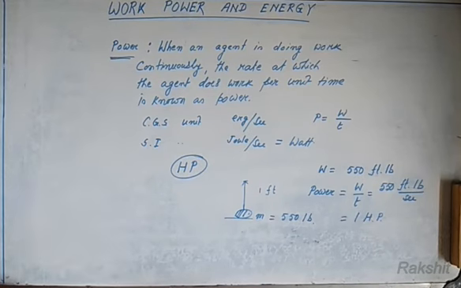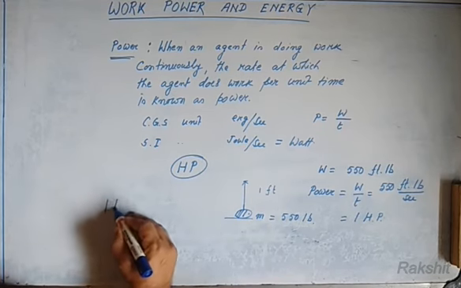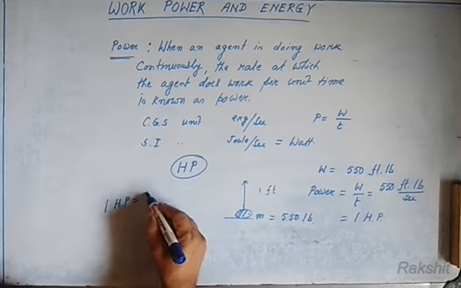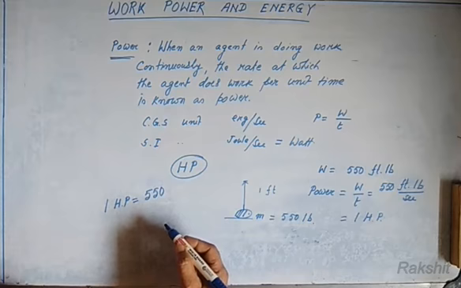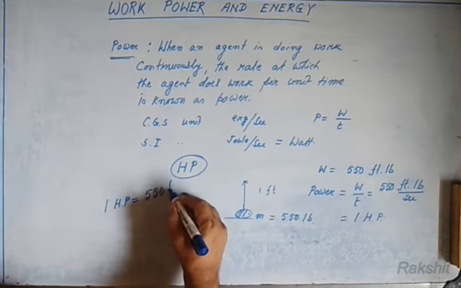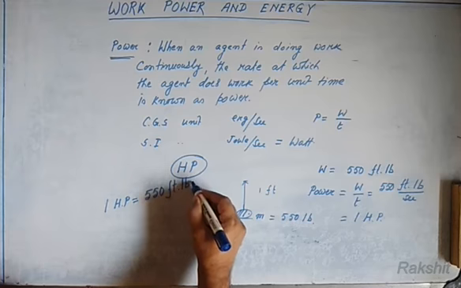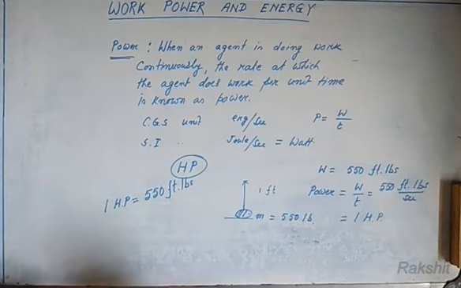So we may define HP in such a way: 1 HP is equal to 550 foot-pound, LB, actually LBS, per second.